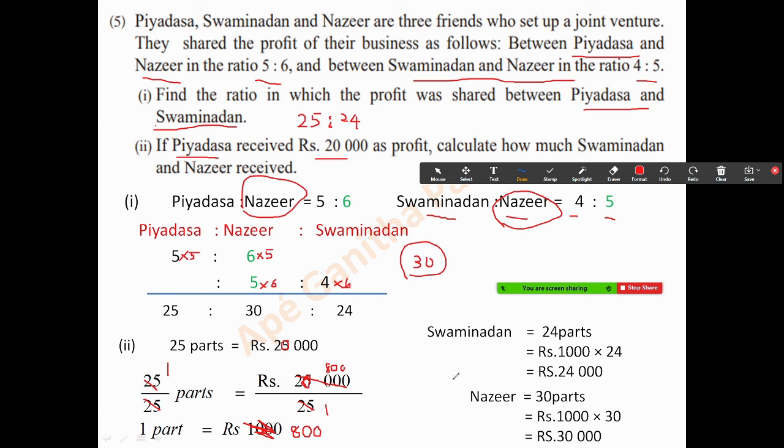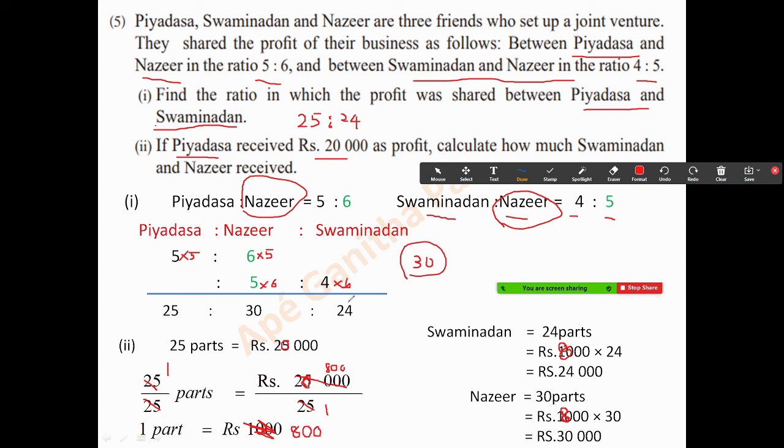Now you know 1 part equal 800. We also correct that as 800.